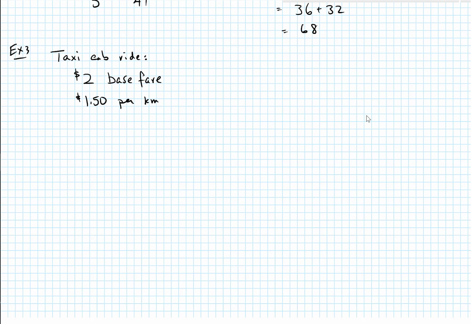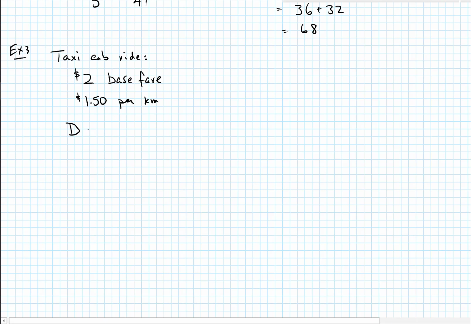And then the fare is usually charged on a per kilometer or per minute basis or some combination of that. So let's keep it simple and just say, for example, that the additional fare is $1.50 per kilometer. So we can make a little table and figure out what the cost is going to be for a particular distance ride.